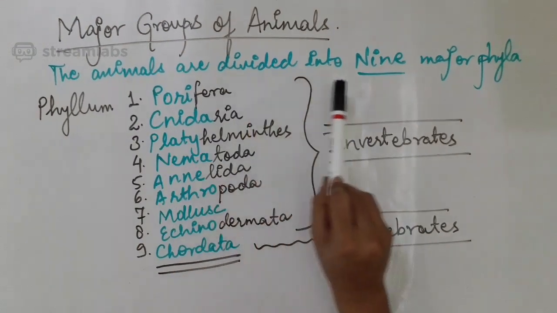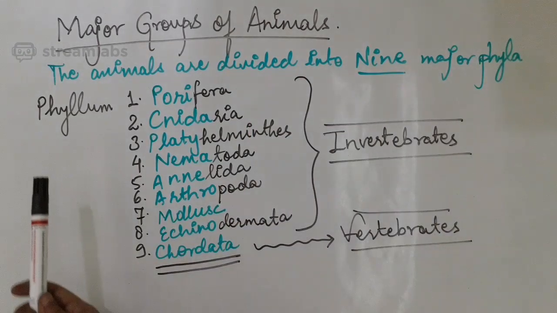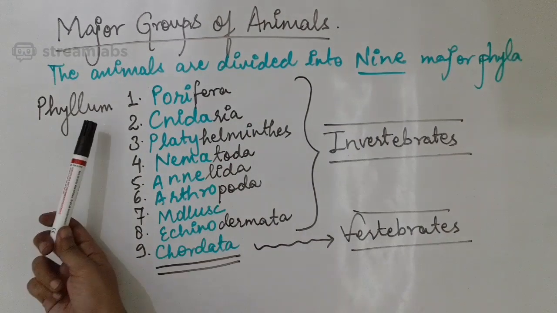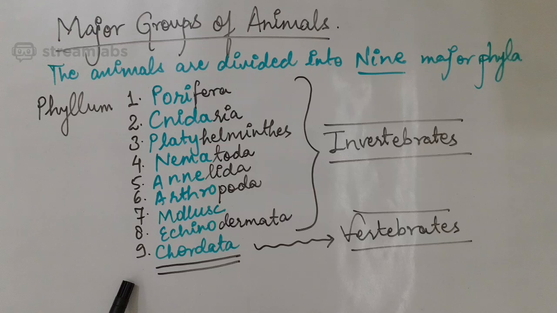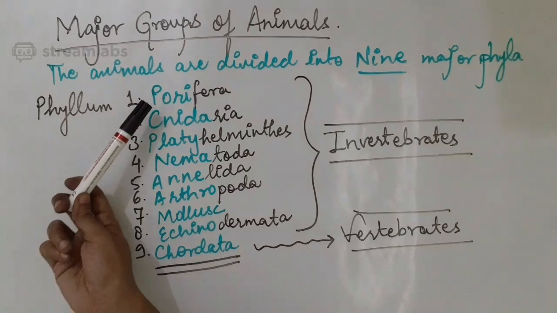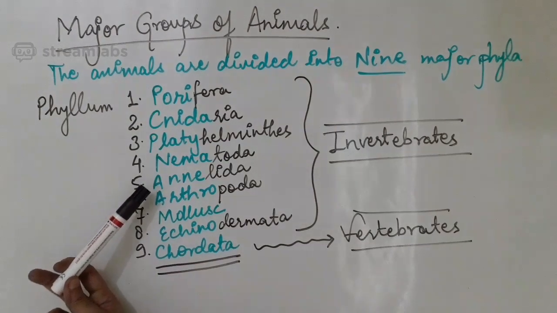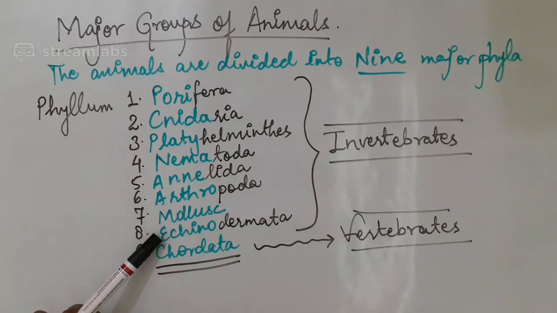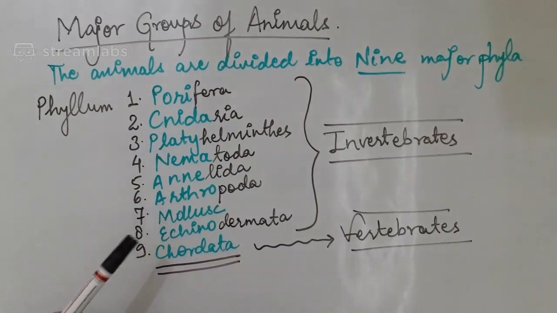Animals are divided into 9 major phyla. Phyla is a plural form. Phylum 1 to 9 is like Porinidae Platinema, Ane-arthro-mollusk echino. ये सीक्वेंस और ये नाम याद करना बहुत ज़रूरी है because it will help you in remembering the characteristics and the examples of them. The 9th phylum is Chordata, that are all the vertebrates.